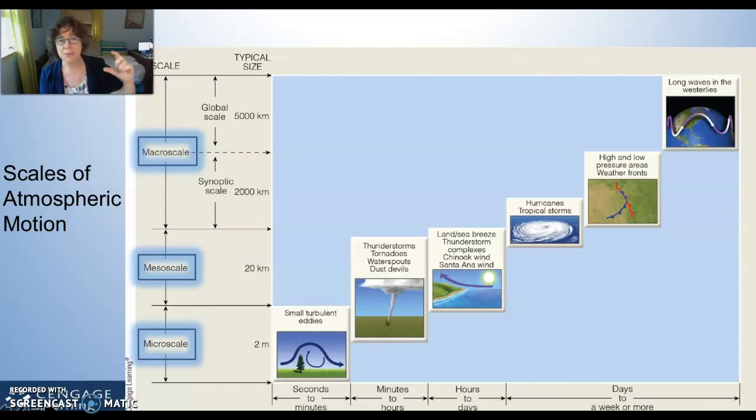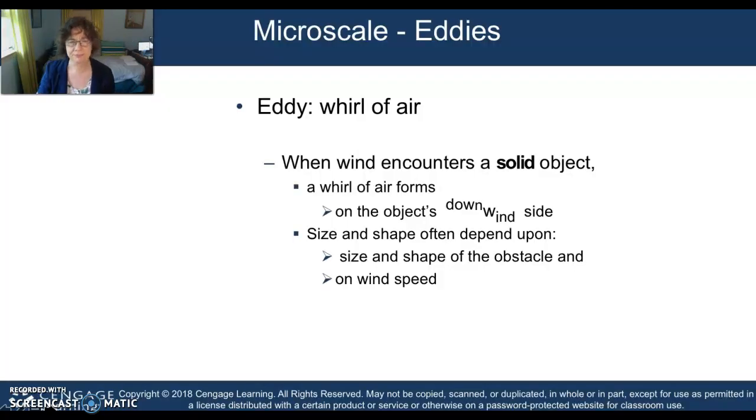So micro, meso, macro, we're going to cover them all. We're going to start at microscale and the eddies that we talked about in the smokestack. There is actually a lot of science behind smokestacks, and the eddies are the foundation of that science.